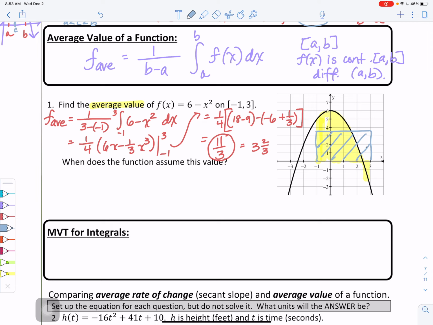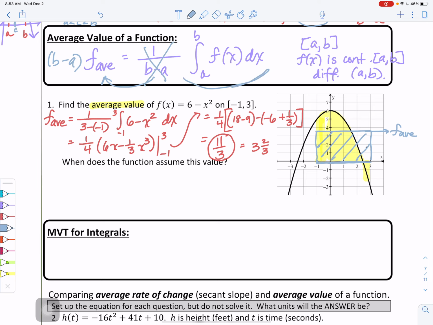The average value, fav, that y value, is the value that when multiplied by the width of the interval gives you that area. So think about multiplying both sides of this by b minus a.